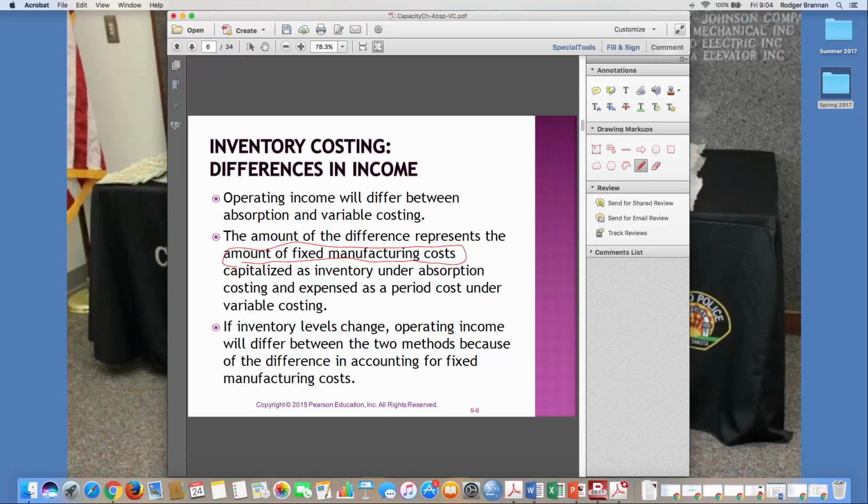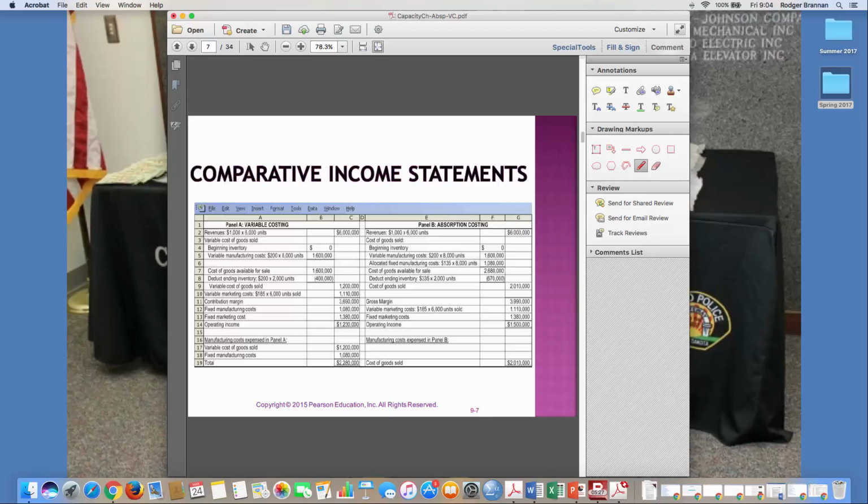Under variable costing, it's expensed. So the differences in the incomes between the two can be explained by changes in inventory. That's the big issue here in this chapter. And we'll look at some examples of that here in a minute.